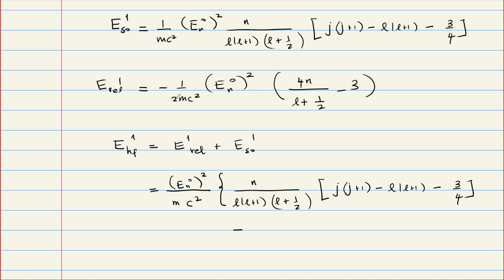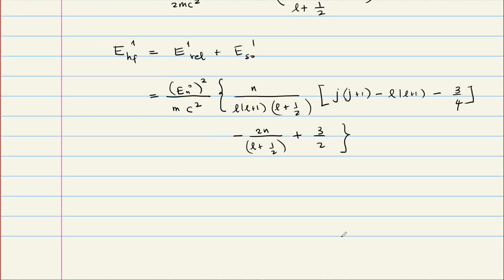I'll push this 2 inside. So this is minus 2n divided by l plus 1/2. So this minus plus 3 over 2. Good. Let me check. Plus 3 over 2 minus.